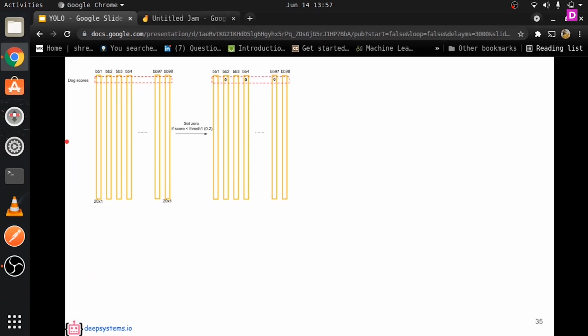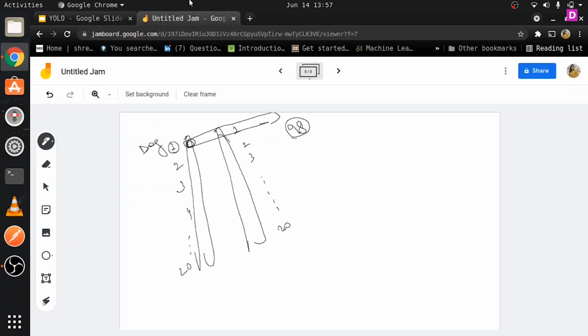Alright, next, see, if you remember, we also talked about IOU. You have all the values. Now what you will do is calculate the IOU score. So you have a threshold. If your value is less than the threshold, you set the value to 0. That means the object is not there in that particular anchor box.